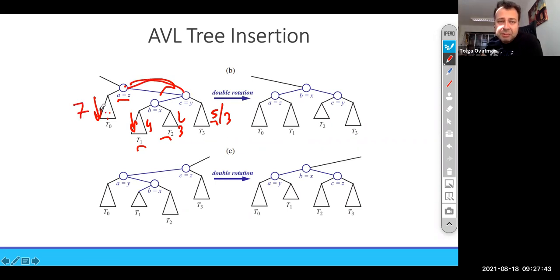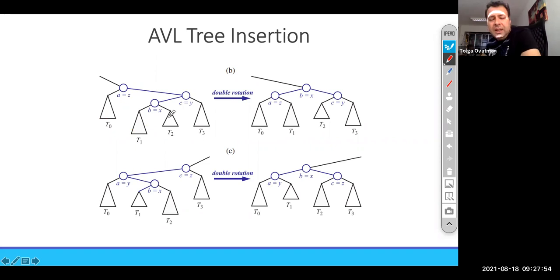So it might be as much as 7, which makes the tree quite imbalanced. Okay, so then we need to make the rotation. Now, in here, it's called a double rotation, actually. It's a double rotation towards left and right.